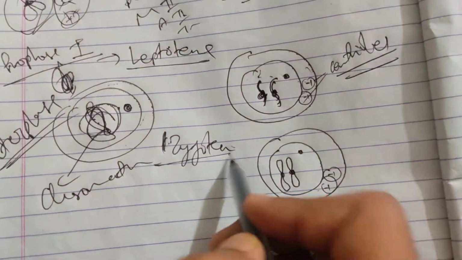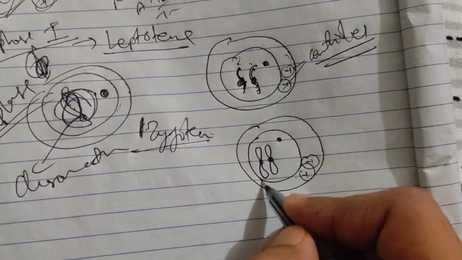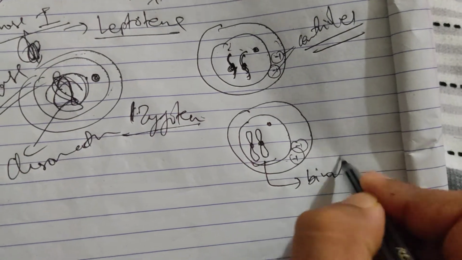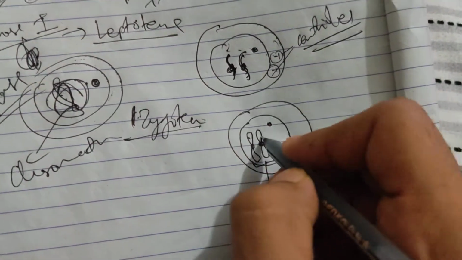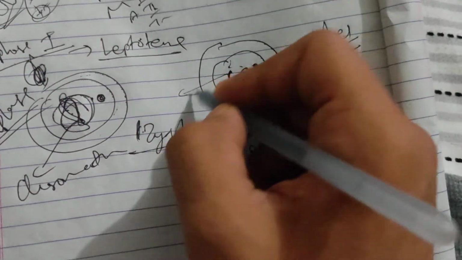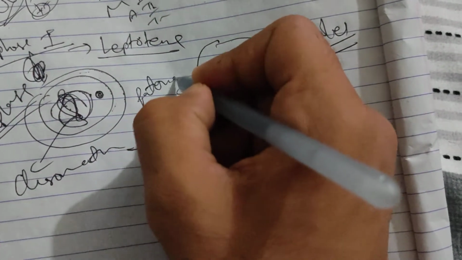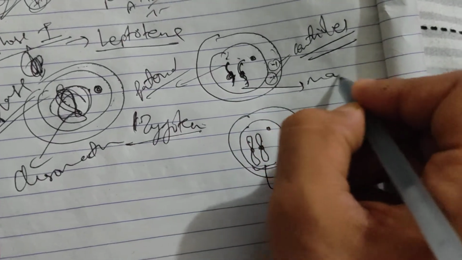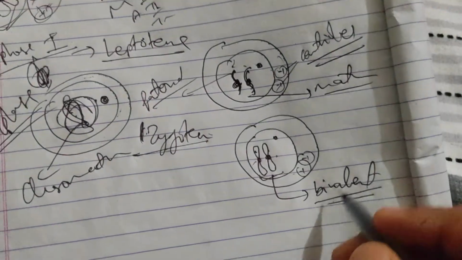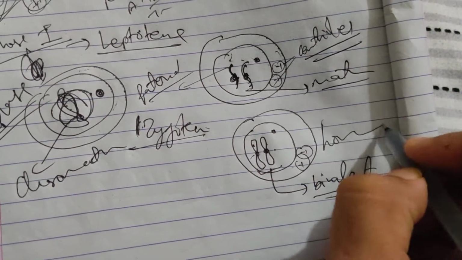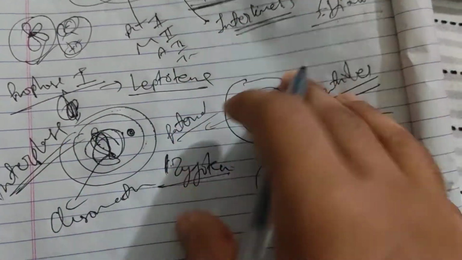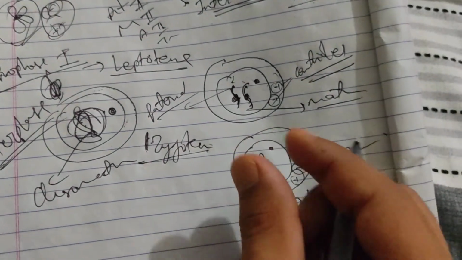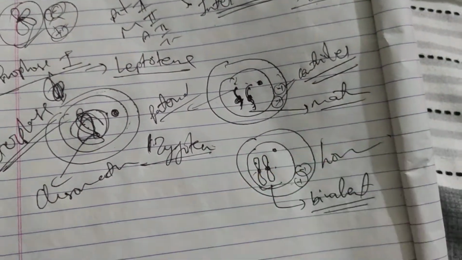Due to this, they are known as bivalent, or these are the homologous chromosomes. This is the paternal chromosome, and this is the maternal chromosome. These homologous chromosomes become bivalent and come close to each other. The chromosomes in leptotene are very thin. They become slightly thick in zygotene and come close to each other.